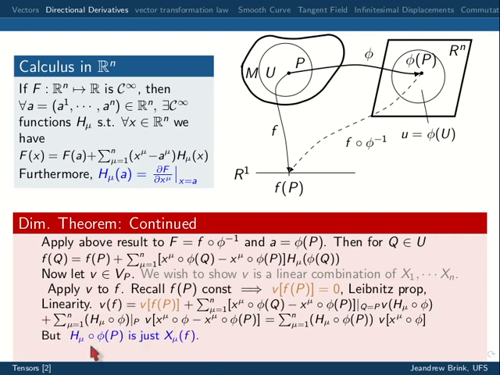And now what I'm going to say, this h of mu circle phi of p is just that basis we described earlier on.